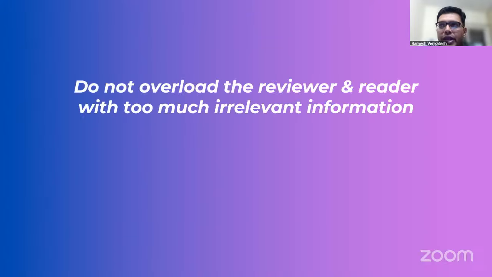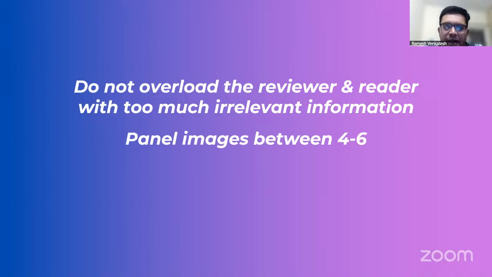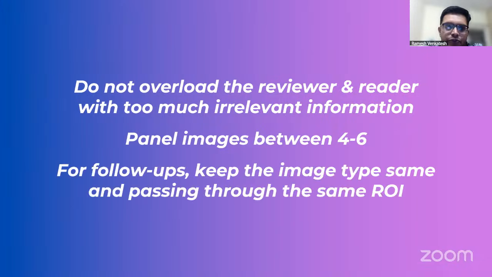That previous image is overloaded, both for the reviewer and the reader, with a lot of irrelevant information. The panel images should ideally be between 4 to 6 panel images within a complete image. And for the follow-ups, always keep the image type the same. That means if you're showing OCT, then all the follow-ups should have OCT passing through the same region of interest.